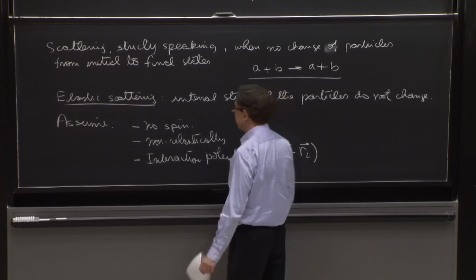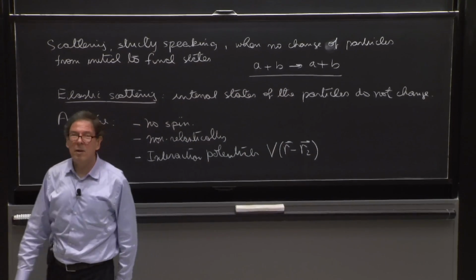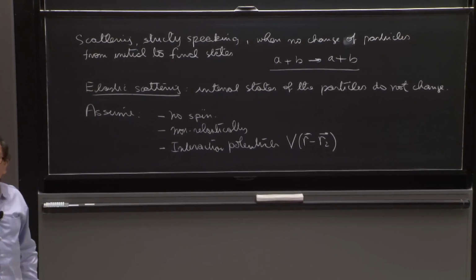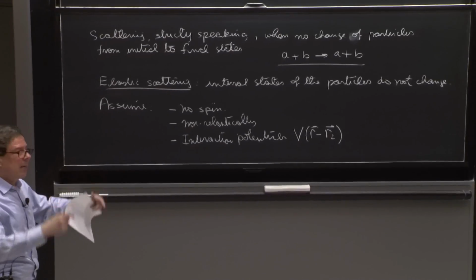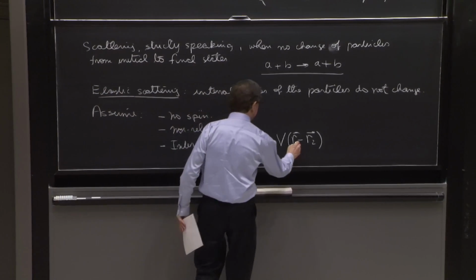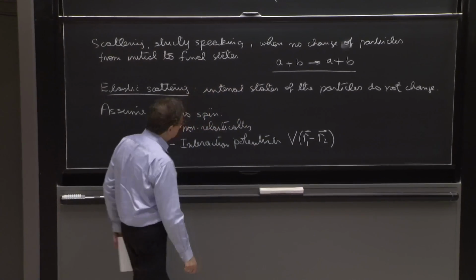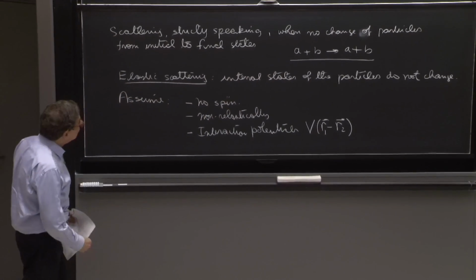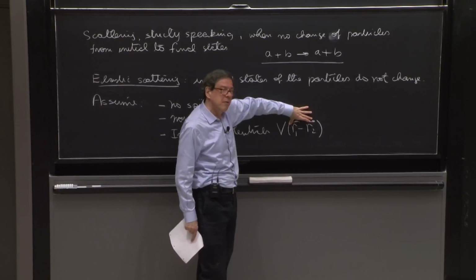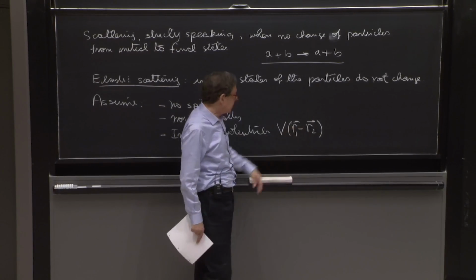So processes in which we have two incoming particles, and they interact, and they scatter elastically, and the potential depends on just the difference of the two positions. Eventually, we will even assume it depends only on the magnitude of these differences for particular cases.